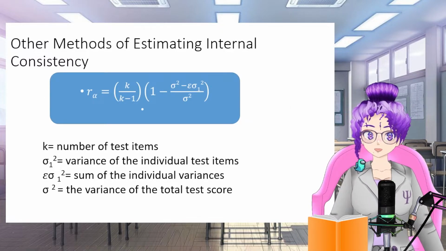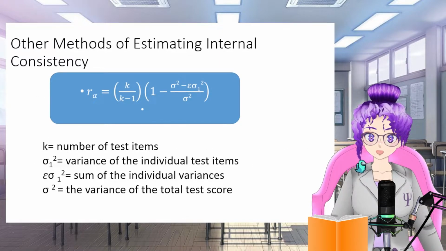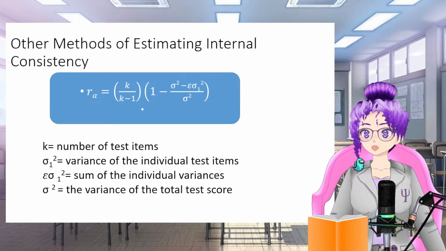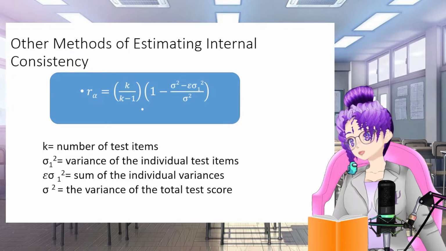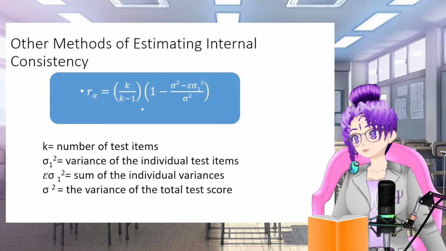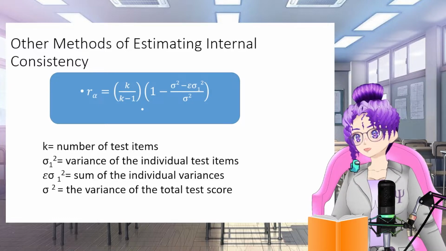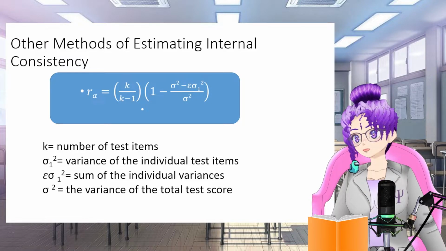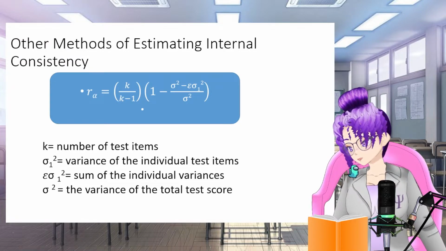So this is the formula for coefficient alpha. Just remember the formula again and familiarize yourself with it. Coefficient alpha is equal to k over k minus 1 times 1 minus the summation of sigma i squared over sigma squared.